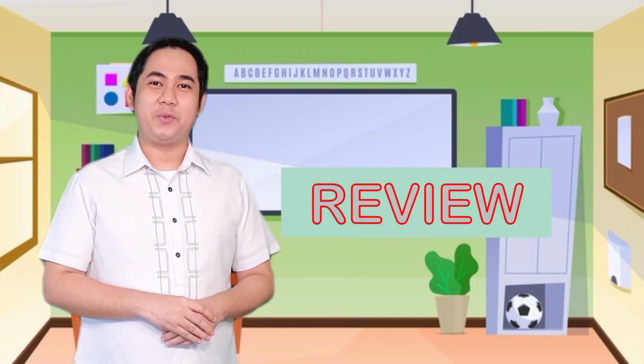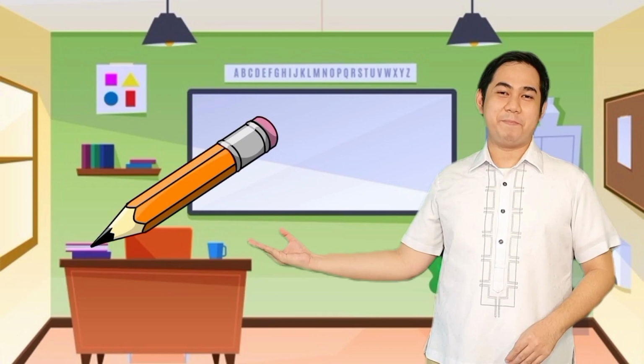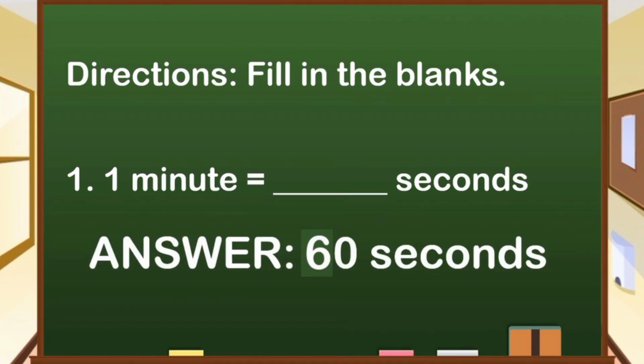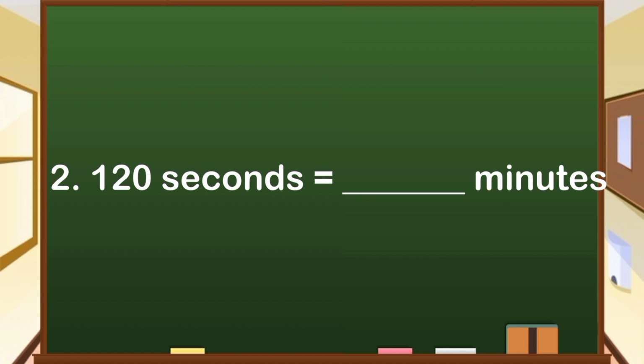Before we jump into our new lesson, let us have a short recap of what we have learned last week. Now, kindly bring out your learning modules, pencil or pen, and paper for us to start. To begin, I want you to fill in the blanks that corresponds to its correct answer. 1 minute is equal to how many seconds? Correct. 60 seconds. 120 seconds is equal to how many minutes?